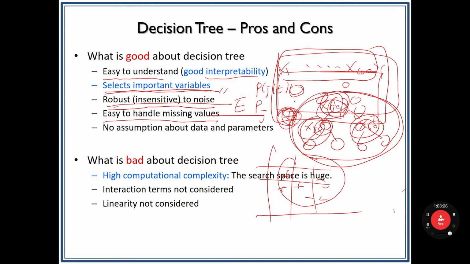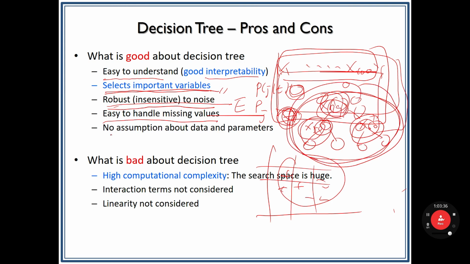We can just ignore that. Actually, yeah, we can just ignore the missing values. Even though there are missing values in our data set, we can still make a decision tree.